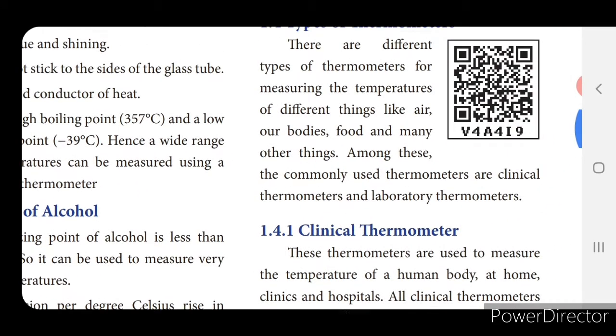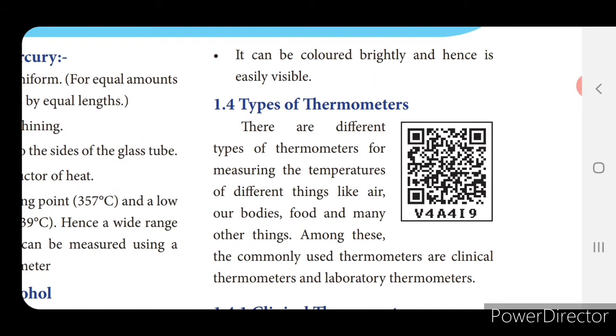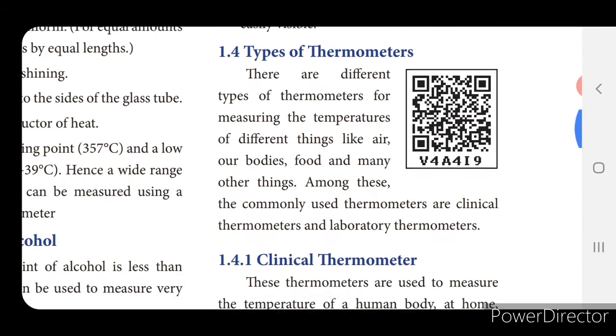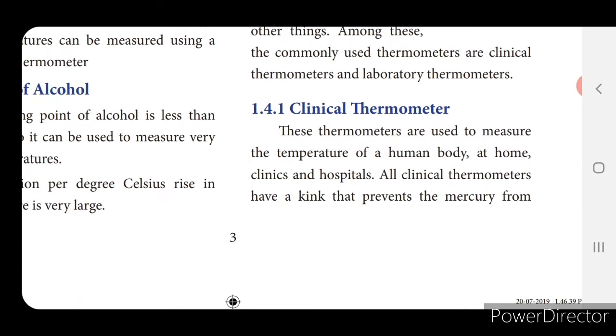Okay children, then coming here, what are the types of thermometers? There are different types of thermometers for measuring the temperature of different things like air, our bodies, food and many other things. Among these, the commonly used thermometers are the clinical thermometer and the laboratory thermometer. First we will see the clinical thermometer.